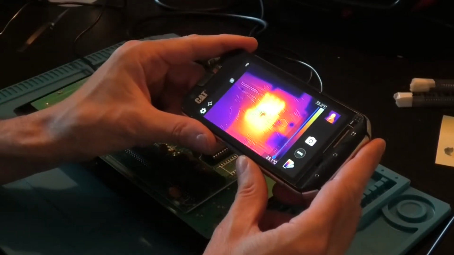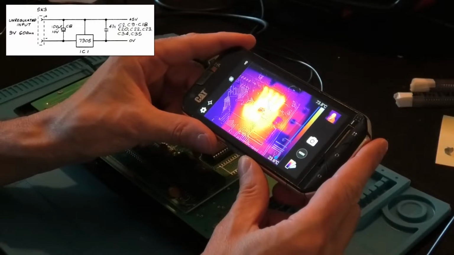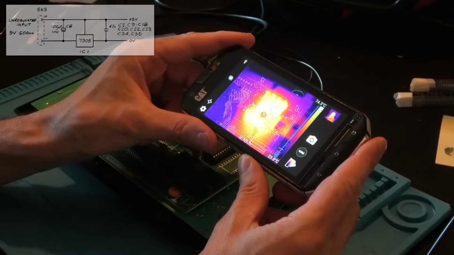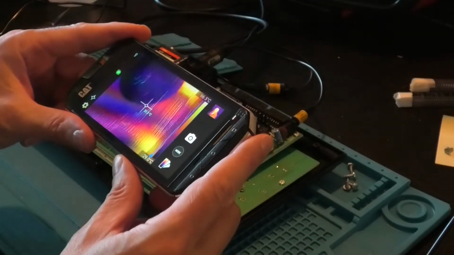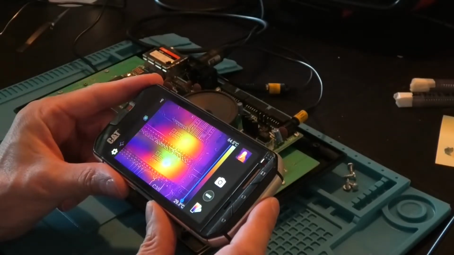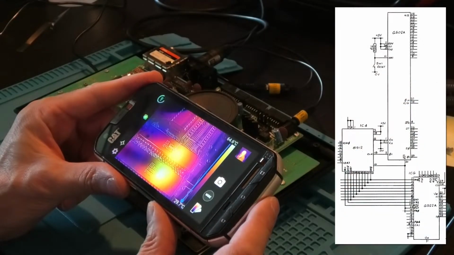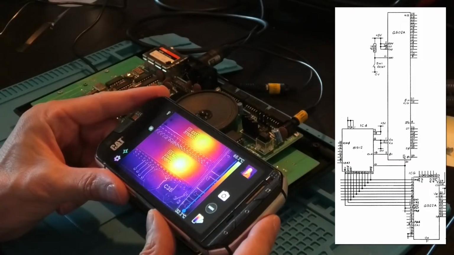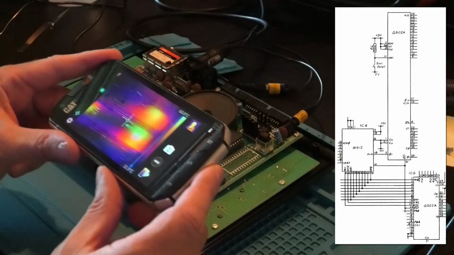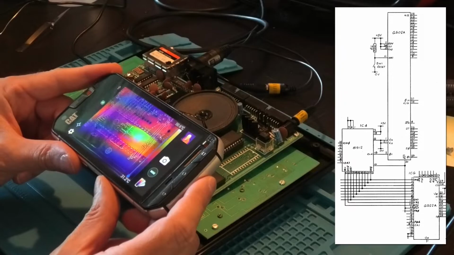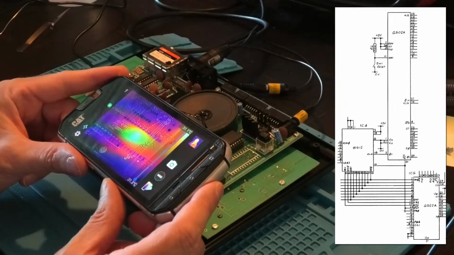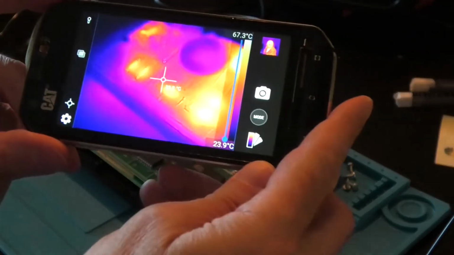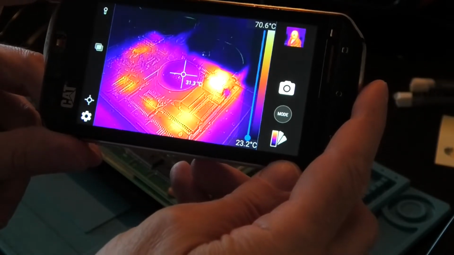So here obviously the voltage regulator, which is going up to 73 degrees, so avoid putting your finger on it. The 6502 at 54 degrees. The VIA at 66. The Sun chip 50. So we have a quite colorful image of the machine.